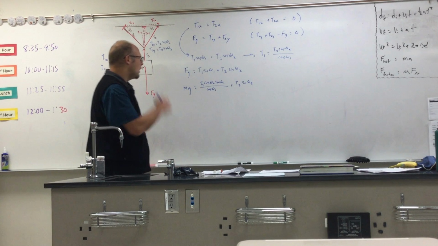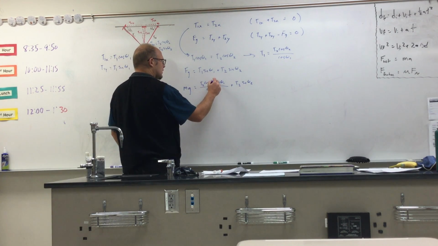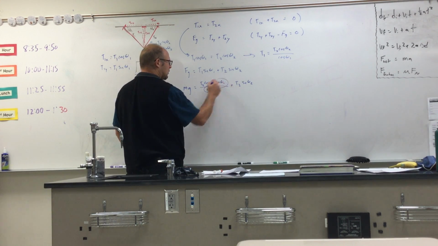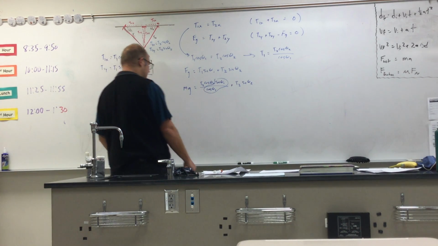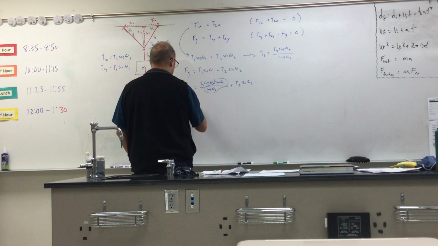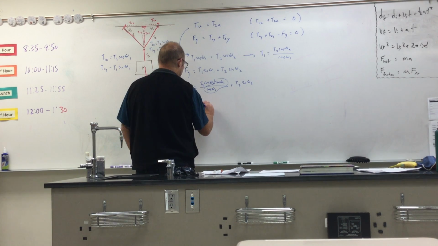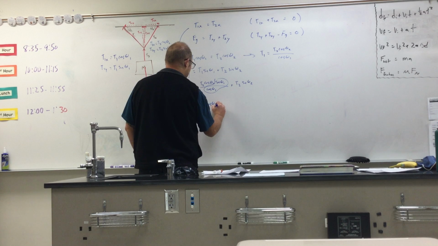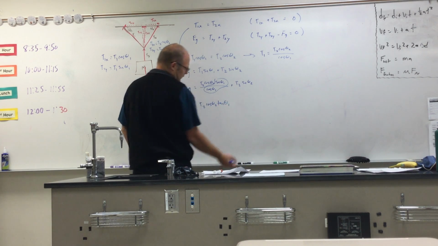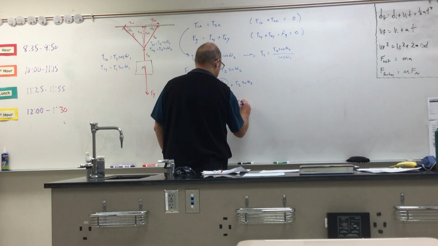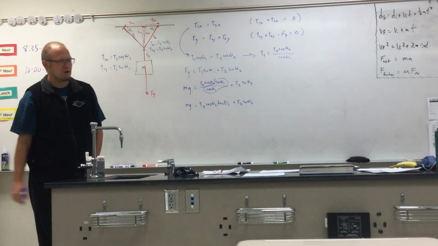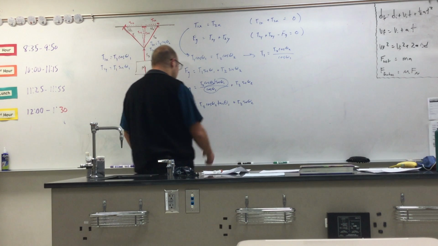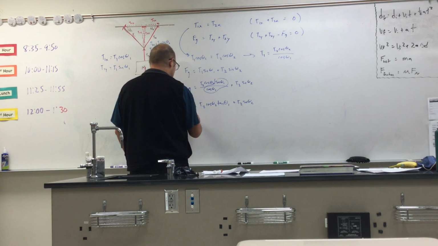Notice we have a sine theta 1 over a cosine theta 1. That is the same as tangent, sine over cosine. So mg equals T2 cos theta 2 tan theta 1 plus T2 sine theta 2. I want to point out again, we are trying to solve for T2. Well, let's factor out a T2 term.